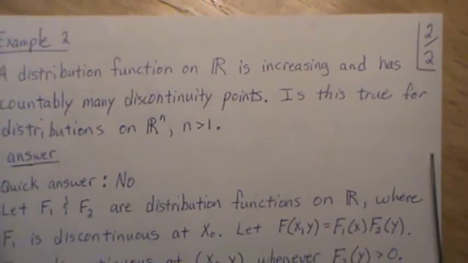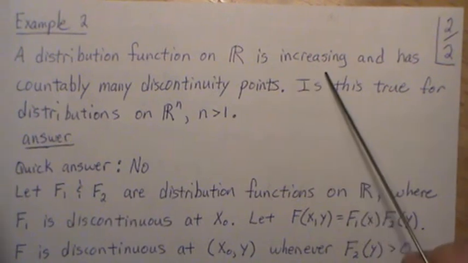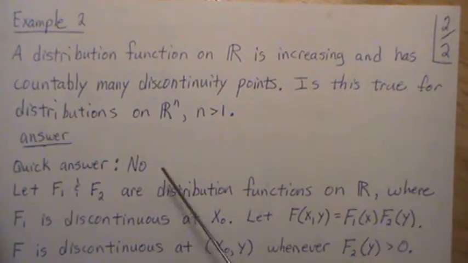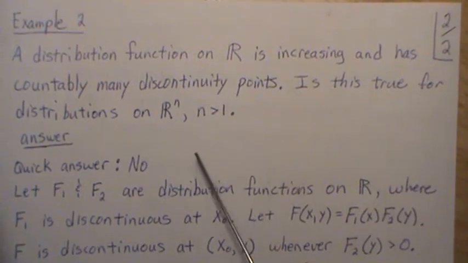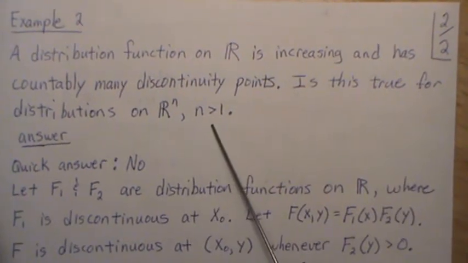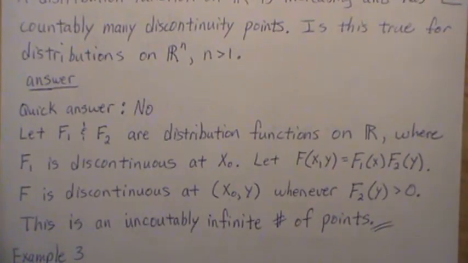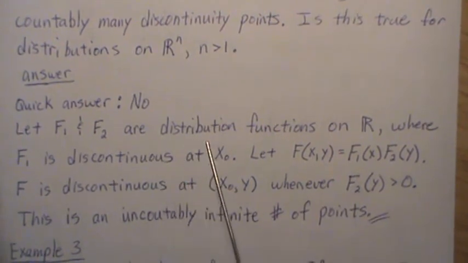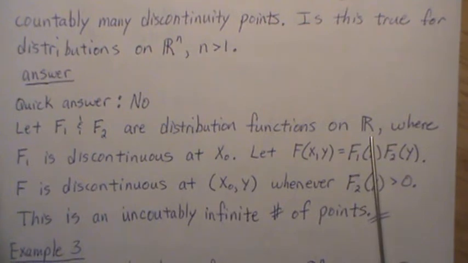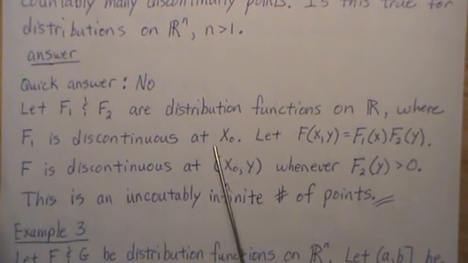So now here, example 2: a distribution function on R is increasing and has countably many discontinuity points. Is this true for distribution functions on Rn space, for n greater than 1? And the quick answer is no. So let's let f1 and f2 be distribution functions on the reals, where f1 has a discontinuity at x0.